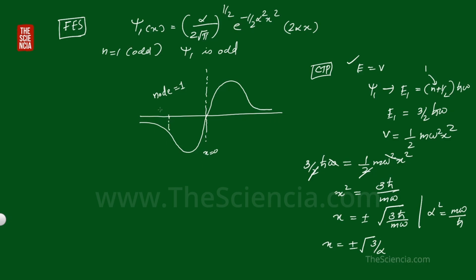This is one of the turning points, that is x equal to minus root 3 by alpha, and this is another turning point, that is x equal to plus root 3 by alpha. If you substitute this value in this expression, at this turning point the wave function value is not equal to 0. It will have a finite value.